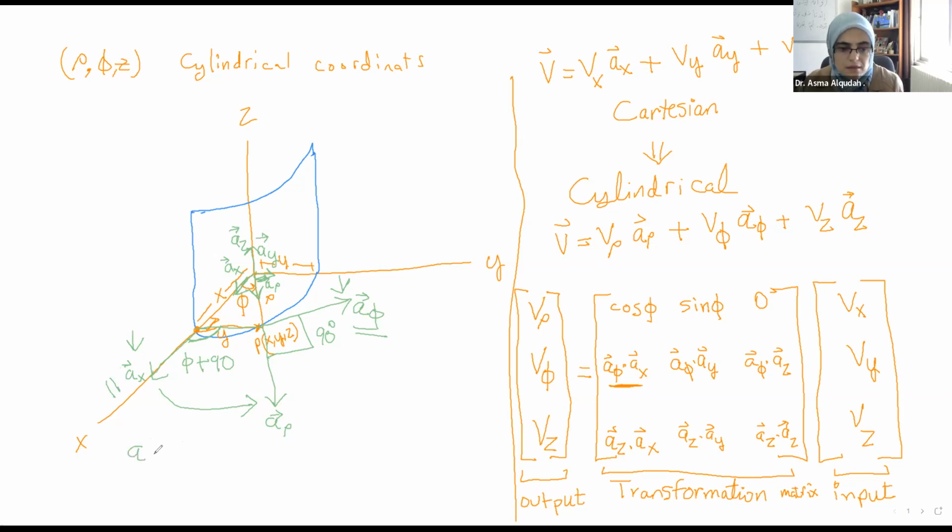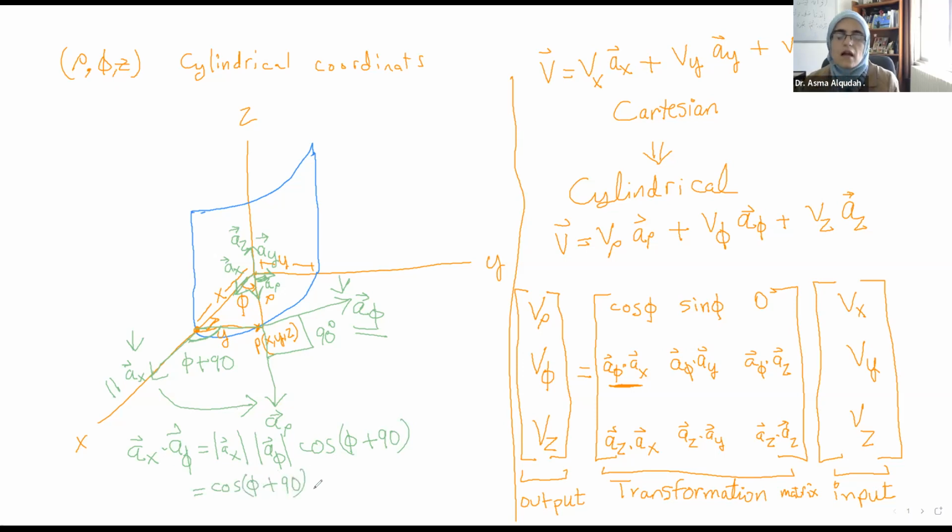So a sub x dotted with a sub phi is equal to the magnitude of a sub x, which is 1, times the magnitude of a sub phi times cosine of the angle between them, which is phi plus 90. The magnitudes are 1, so we are left with cosine of phi plus 90.